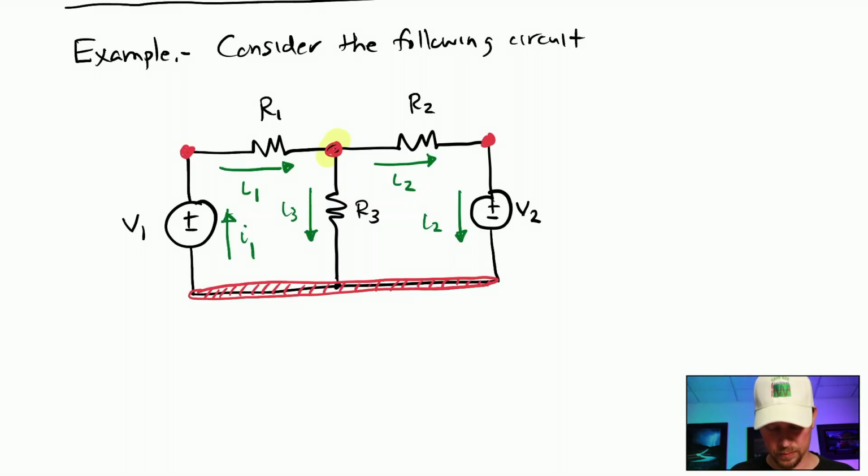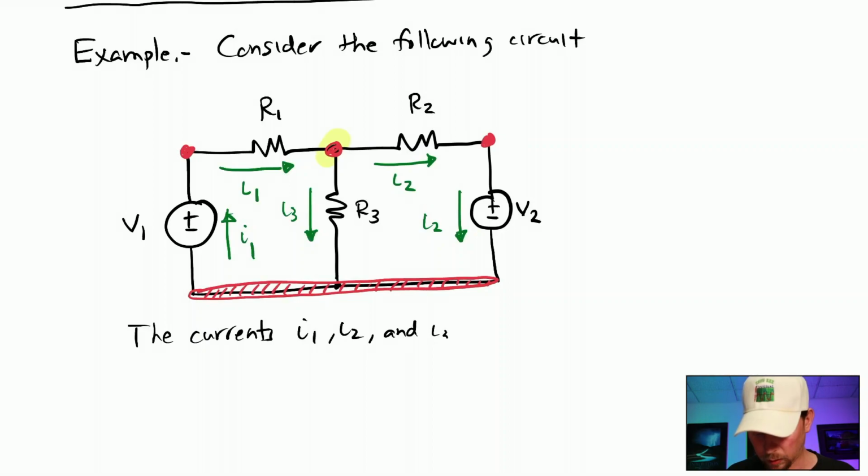The currents I1, I2, and I3 are what they call branch currents.